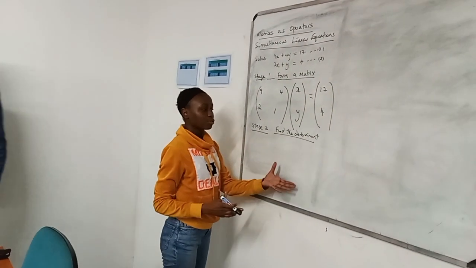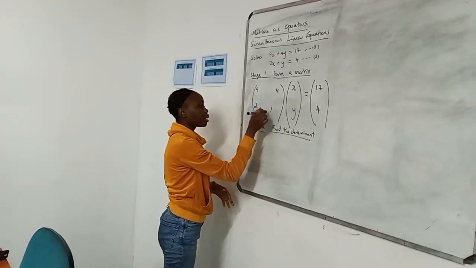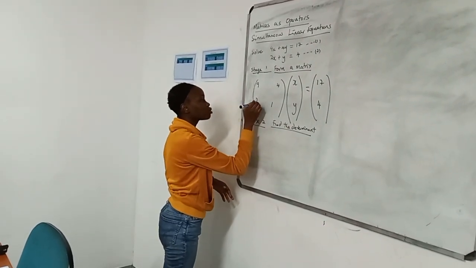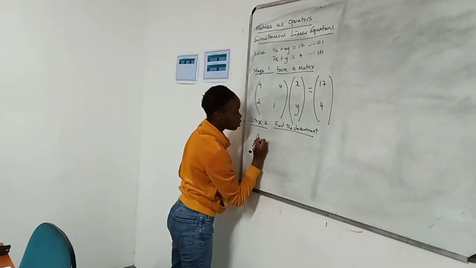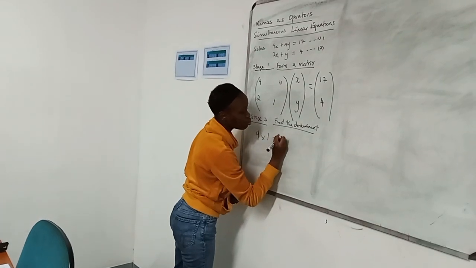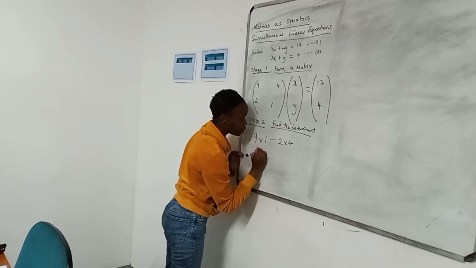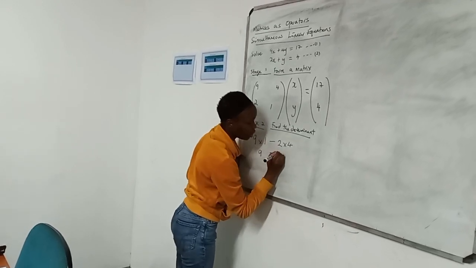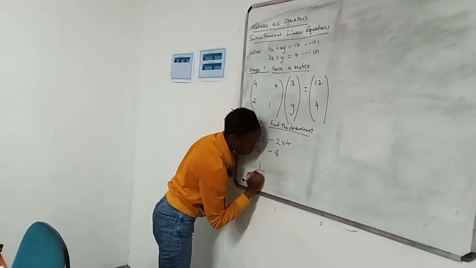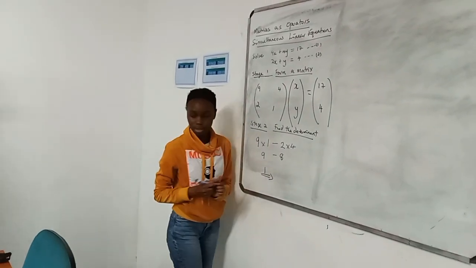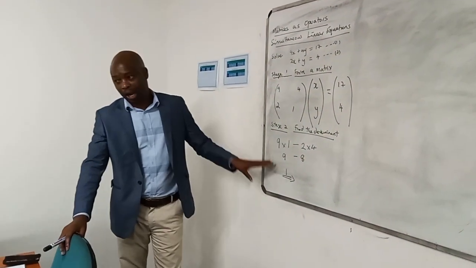When we want to find the determinant of the matrix, we multiply 9 by 1 and then subtract 2 times 4. 9 times 1 is 9, minus 2 times 4, which is 8. 9 minus 8 is equal to 1. So this is our determinant. Is that correct? Yes. So the determinant of this matrix is 1.